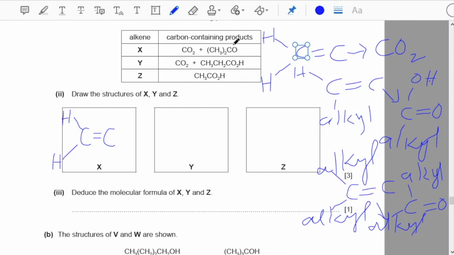And the second product over here is a ketone, which means on the other end of the carbon-to-carbon double bond there are two alkyl groups, and those alkyl groups are methyl groups, because I can see there are two methyl groups in the ketone. So over here I'll have CH3.